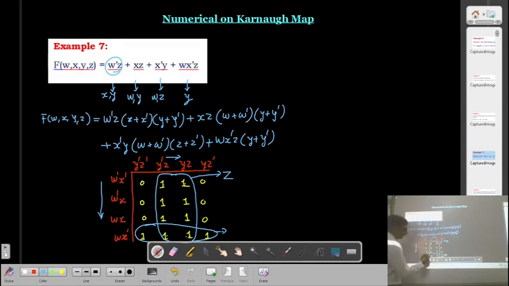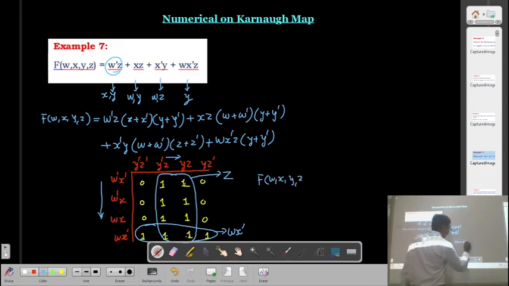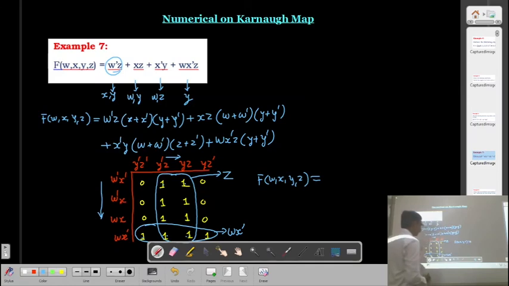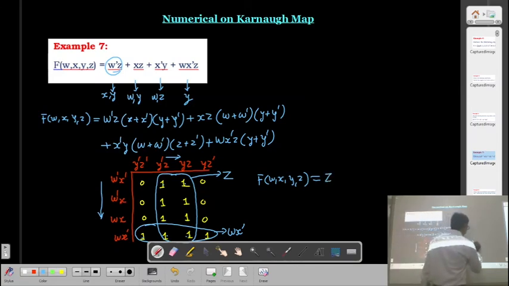When you are moving from left to right, Y and Z both are changing, but W X dash is not changing. So the expression for this square will be W X dash, and therefore this function f of W X Y Z in the simplified form will be Z plus W X dash.